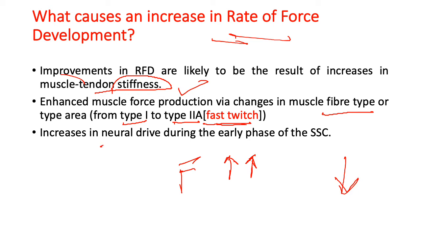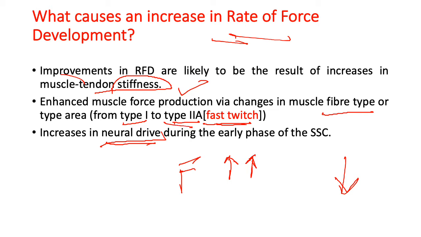The third factor behind this is your neural drive. If you are training more in this area, doing ballistic training and resistance training on a daily basis, then your neural drive also improves, so that fast twitch fibers are automatically recruited to do a task.